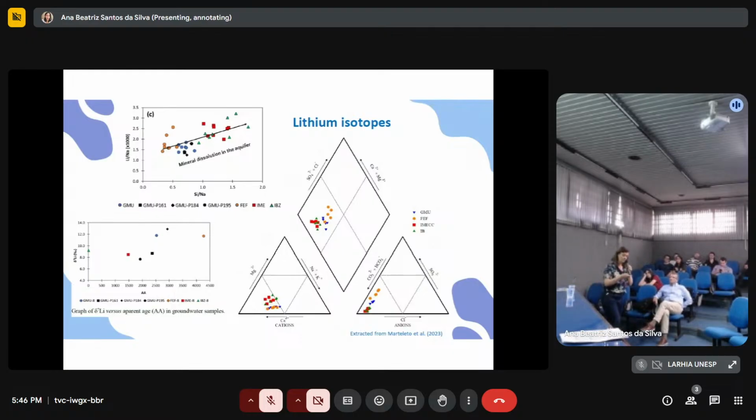And we interpreted that this is probably related to the evolution of the water in this system with three different aquifers. And here we have a correlation of delta lithium and apparent age. And well, we could maybe estimate a line here, but we're not sure yet.